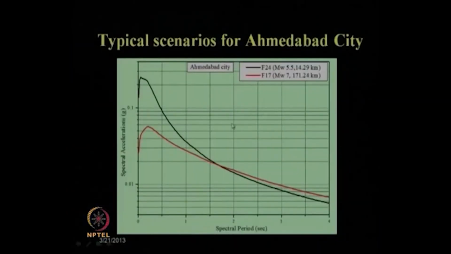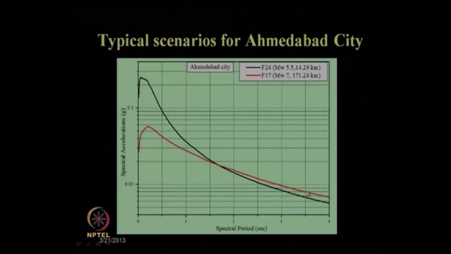So, let us look at this picture once again, this result for Ahmedabad city only. What are the typical scenarios for Ahmedabad city? This red color curve, this red color result for spectral acceleration versus spectral period, has been obtained after this deterministic seismic hazard analysis. You can see this red color curve dominates at higher period.